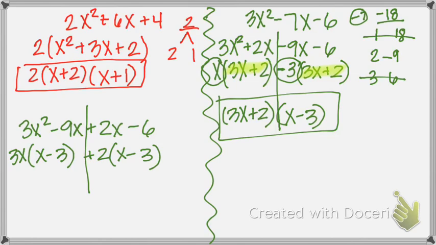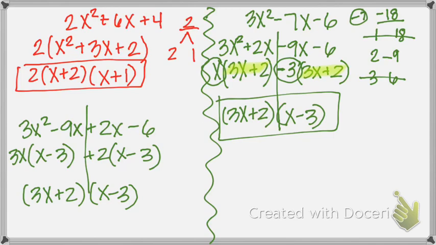Just your terms switch, but you're still going to get the same factors, 3x plus 2, x minus 3. So it doesn't matter which order you put it in, you'll still get the same answer. It'll just be flip-flopped. Questions on that?